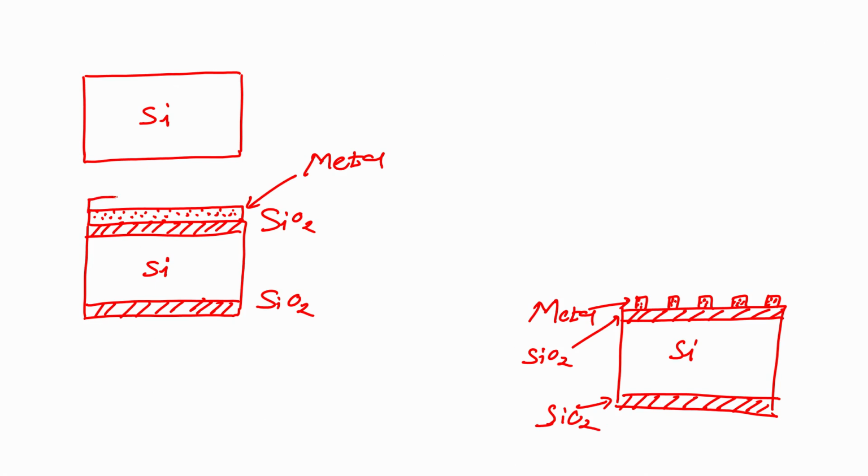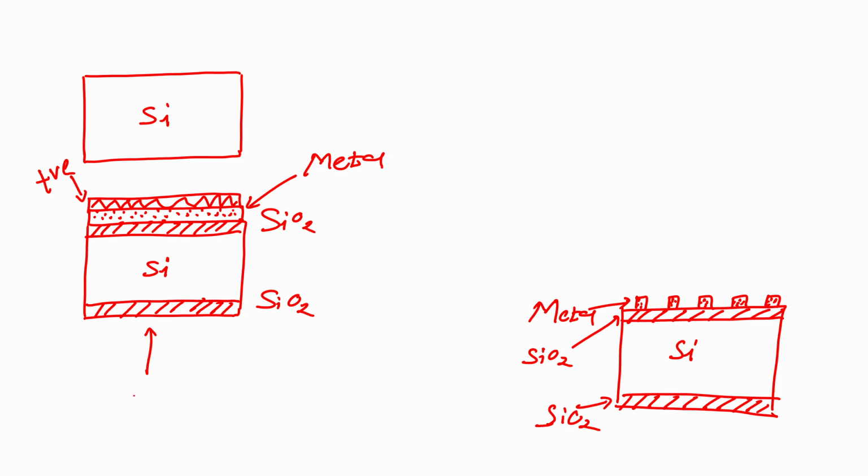On this metal, I am coating primer and then spin coating photoresist. This is positive photoresist. The photoresist that we are spin coating on the oxidized silicon substrate with metal deposited using physical vapor deposition is my positive photoresist.